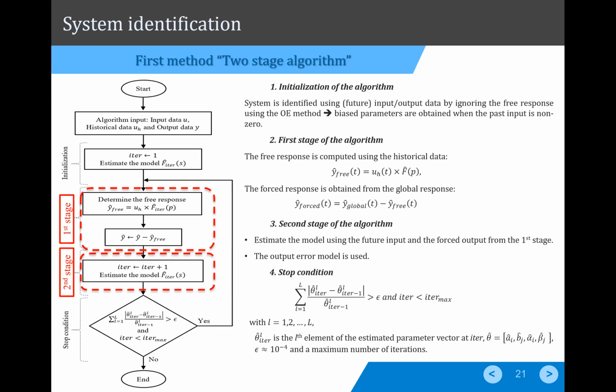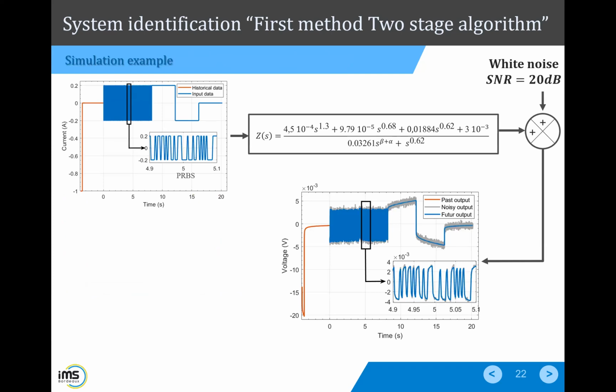Firstly, in the first stage, the algorithm determines the free response from the global response and computes the forced response. And after this, in the second stage, the algorithm identifies the different parameters of our model. So we used this two-stage algorithm on different examples.